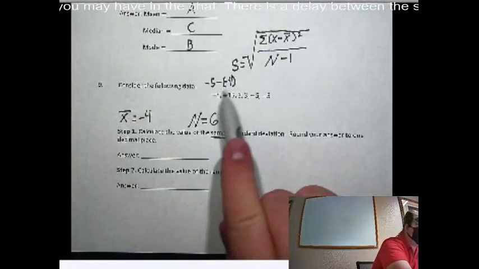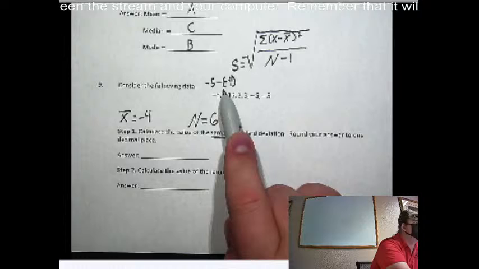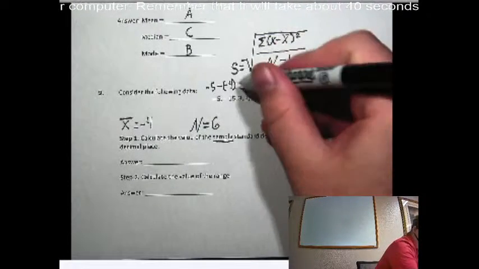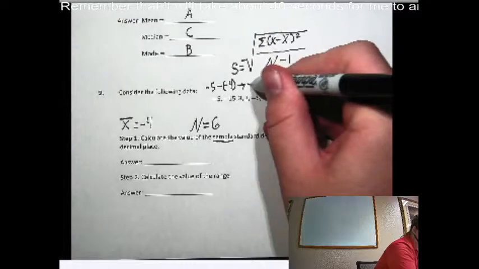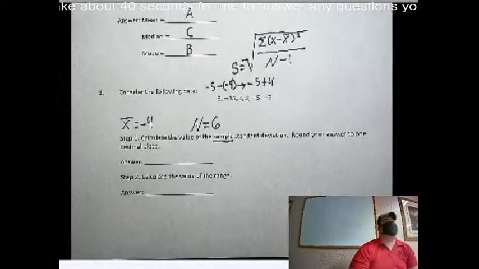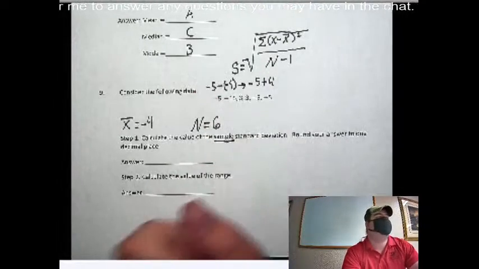Okay, so what's going to happen here? We have a double negative, so it's going to become what? Positive. Good. So really this is going to be like -5 plus 4. And that's going to be true for all of these numbers. So all of these numbers are going to get plus 4.